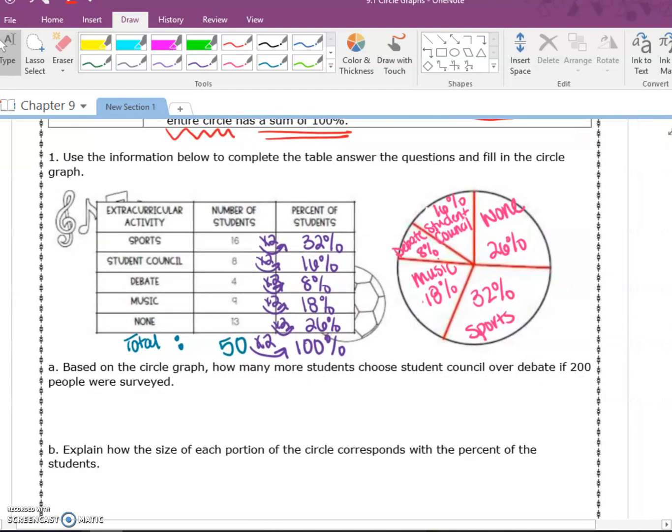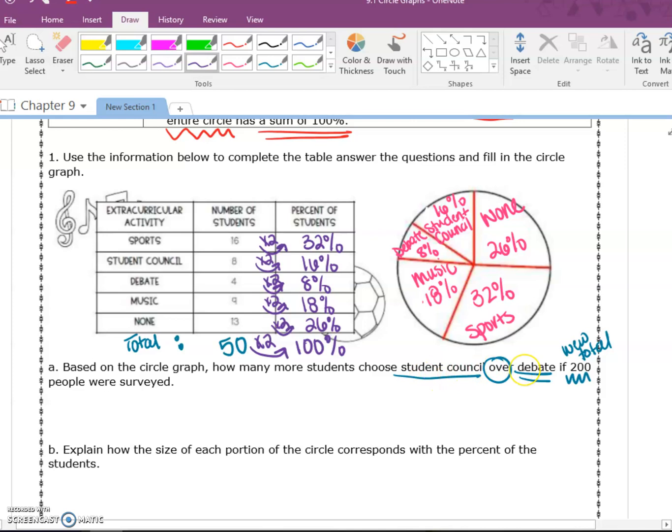So it says, based on the circle graph, how many more students chose student council over debate if 200 people were surveyed? So this is going to be our new total, is 200. So in our first survey, we did 50 students, so now it's 200. So this is our prediction part of it.